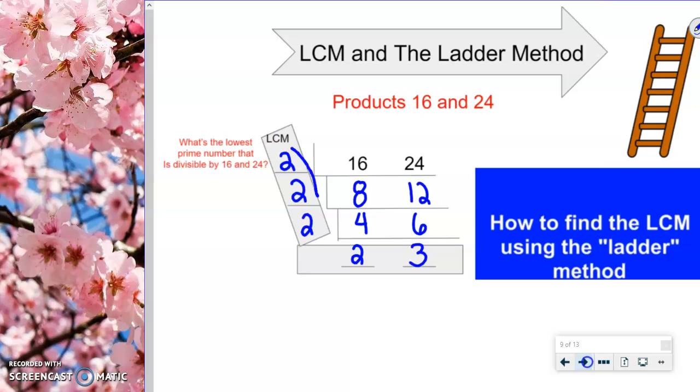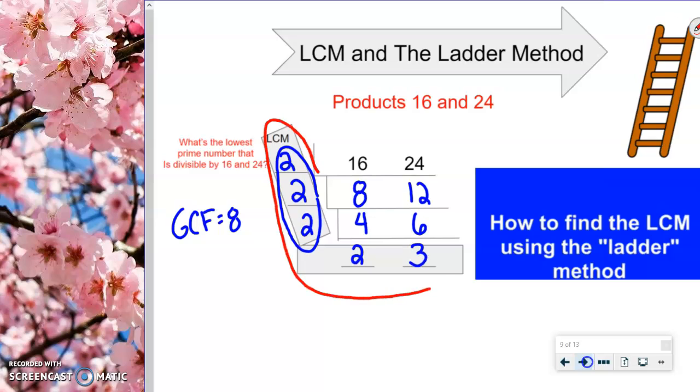So now if I want to find the GCF, I would just multiply those numbers together, and I would get 2 times 2 times 2, which would give me my GCF, which is 8. To find my LCM, what I need to do is multiply all of these numbers together.